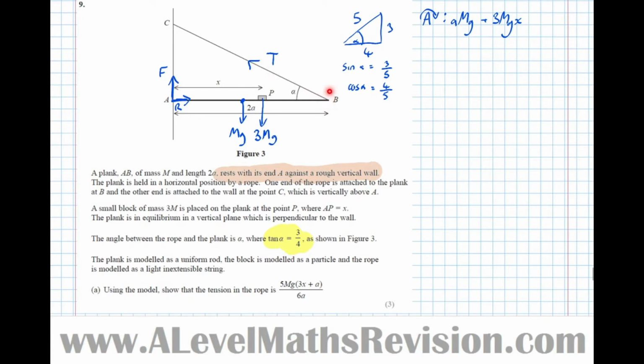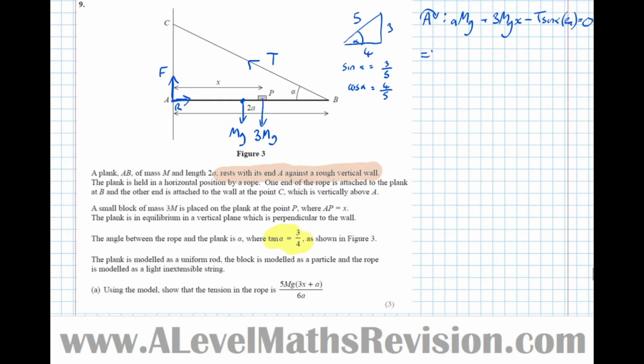So this tension has a vertical component, which would be T sine alpha times the distance from the pivot, which is 2a, and we know that all the moments add up to 0 since it's in equilibrium.